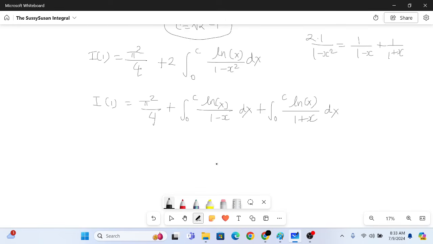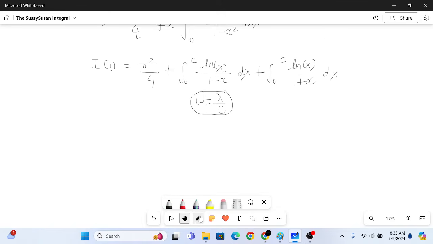Obviously the thing I need to do is make a new substitution, that w is equal to x by c. If I make the substitution, the limits of integral are now from 0 to 1. So I have I of 1 as pi square by 4 plus integral from 0 to 1, x is just cw, so ln of cw by 1 minus cw, and dx is just c times dw.